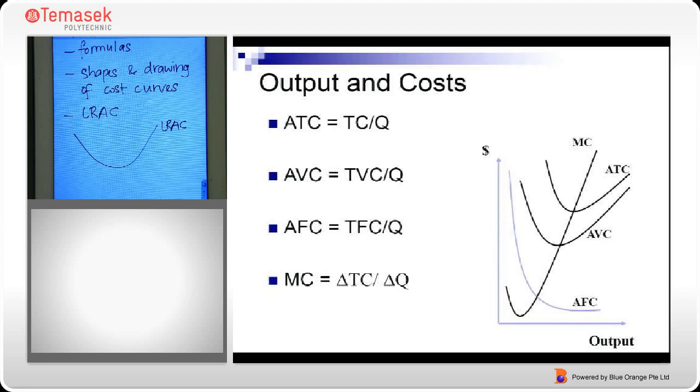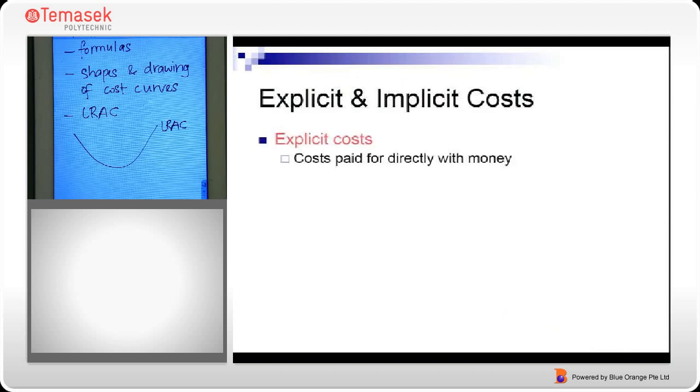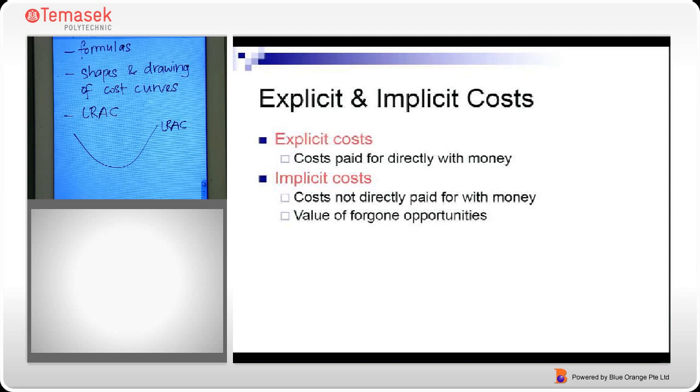In this topic, we also covered explicit and implicit costs. Explicit costs are costs which are paid for with money. That means they are the direct costs in the production process. Whereas implicit costs are not paid with money, they are more of foregone opportunity costs.